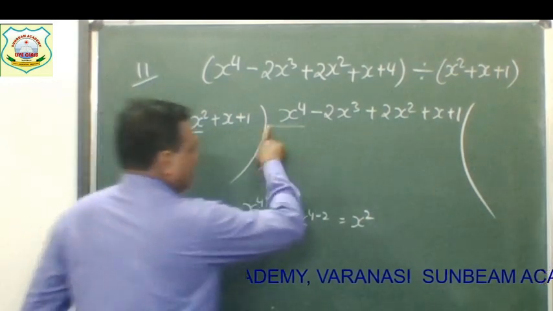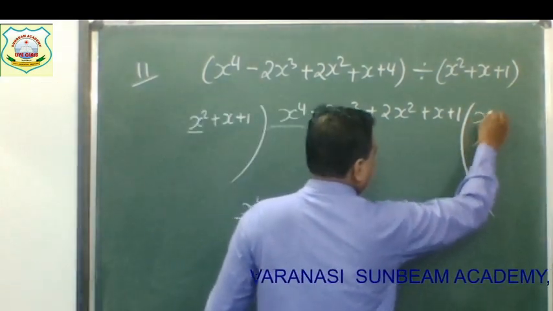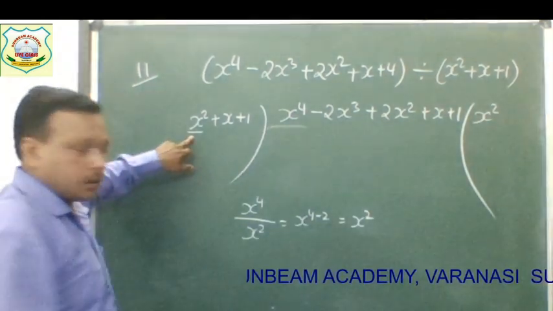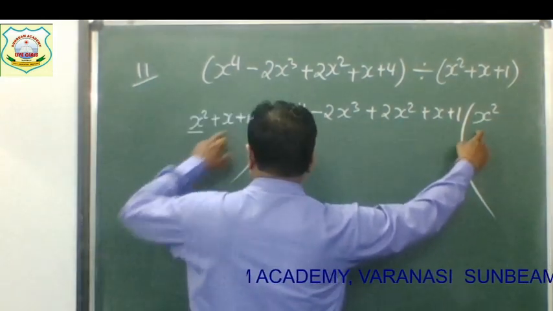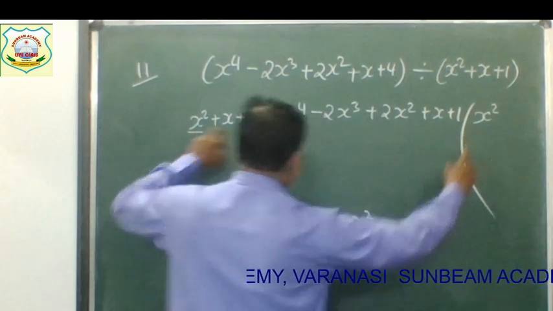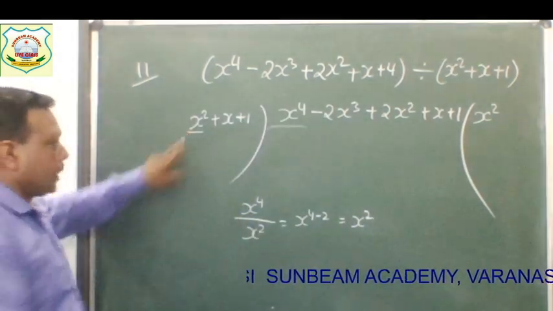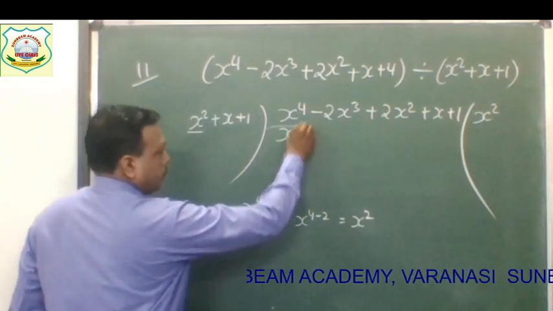So now on the quotient side we will write x square. x square multiplies all three values of the divisor. x square into x square gives x power 4.